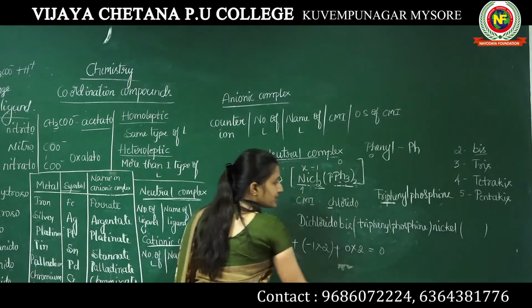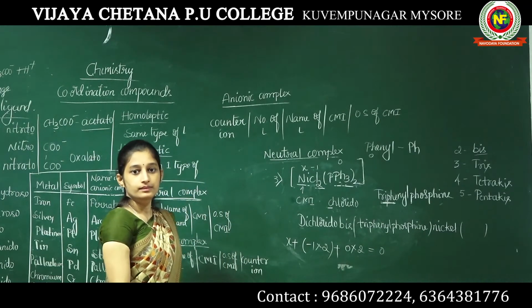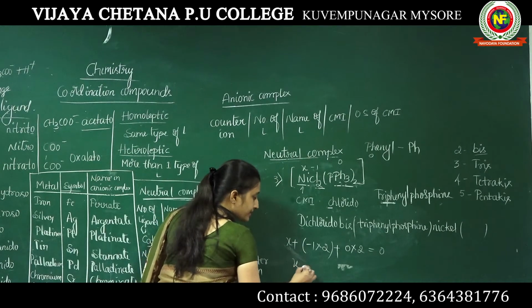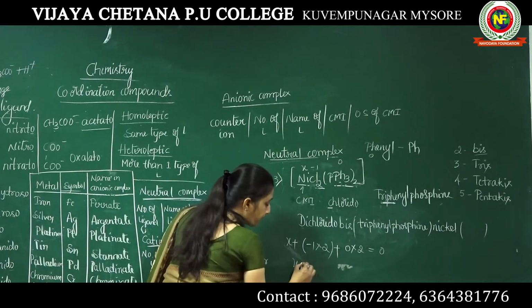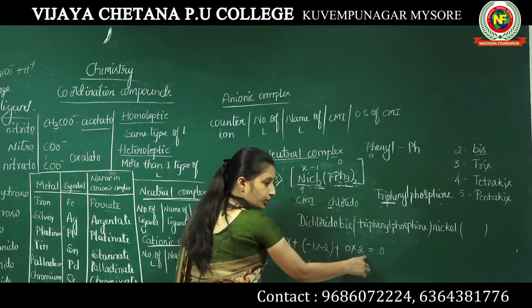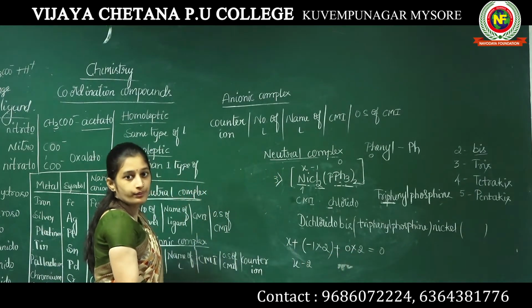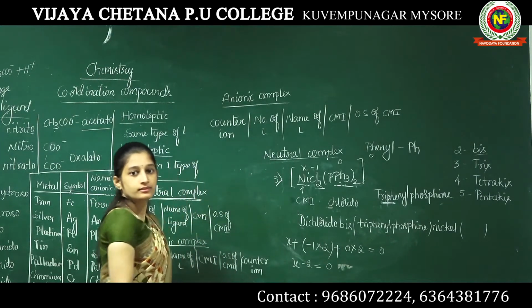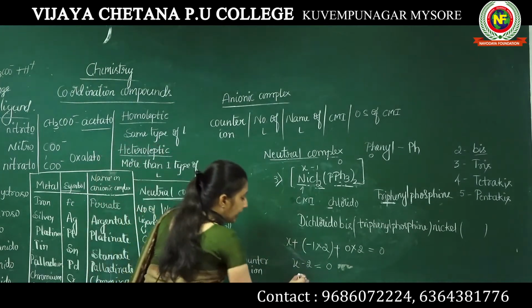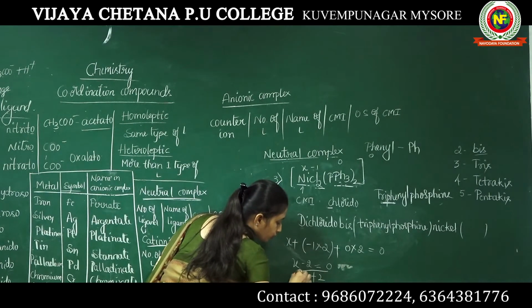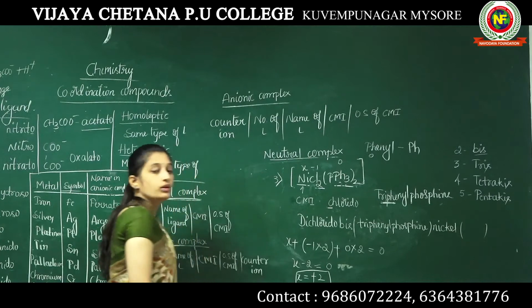What is the overall charge? 0. Then X -1 into 2 is -2 plus 0 into anything is 0. So, equal to 0. X is equal to plus 2.